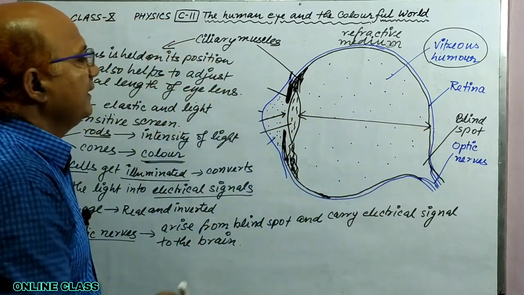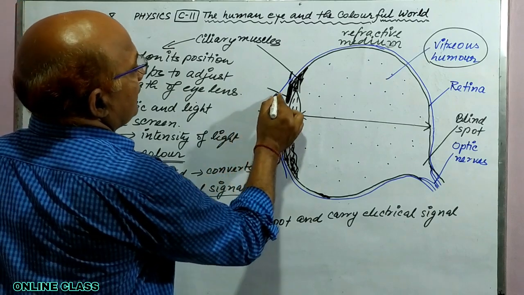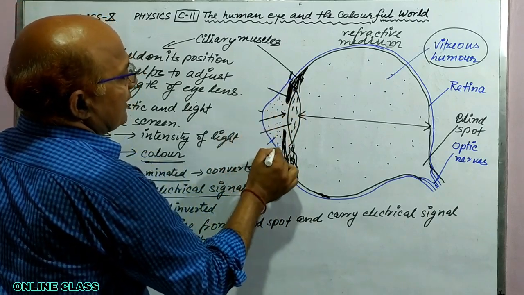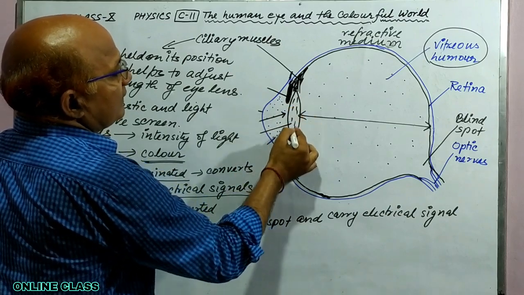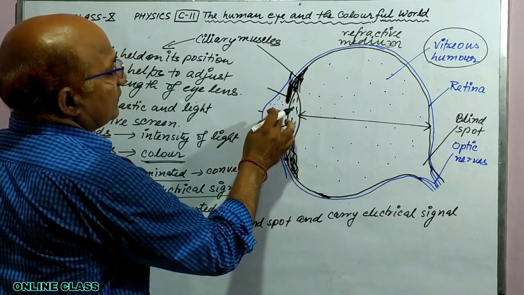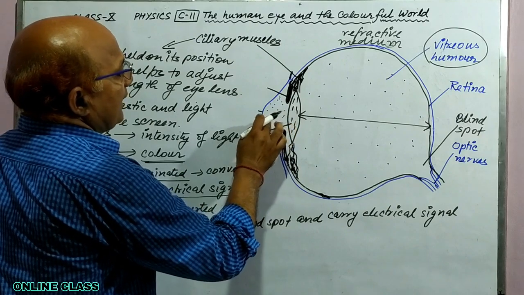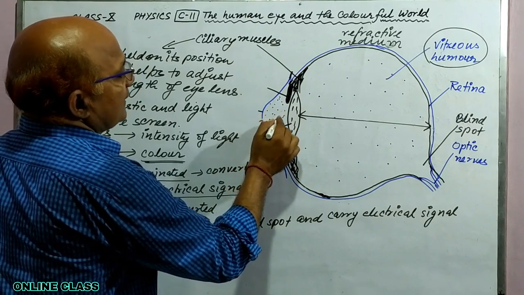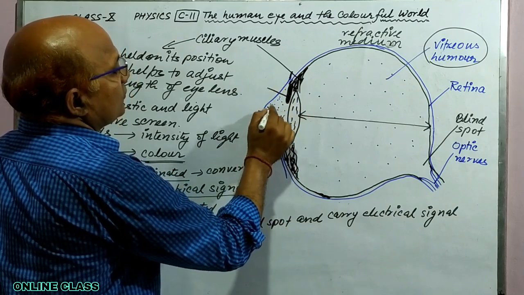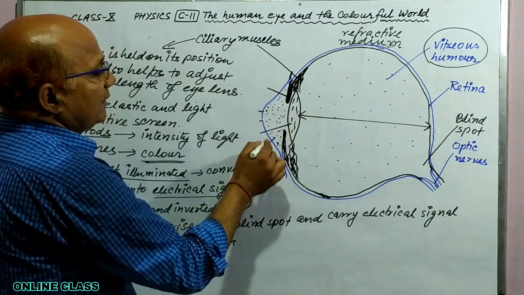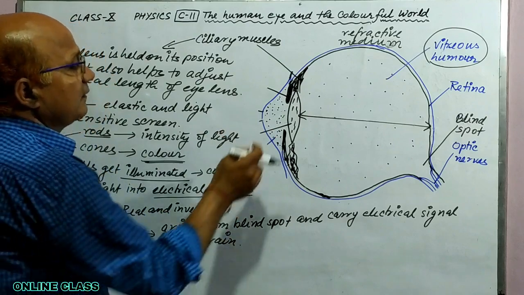Okay. And now you can see this portion which is bulging outward, this is cornea and this is eye lens. Okay. So, between cornea and eye lens you can see this liquid, this is called aqueous humor. You have already noted it.